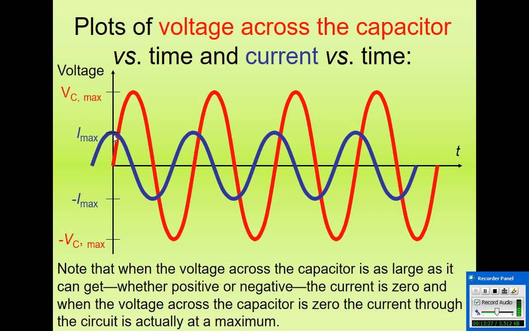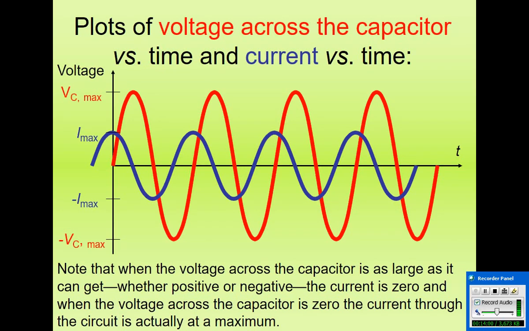When the charge on the capacitor is maximum, the current in the circuit is 0. All of the charge in the circuit has been placed on the plates of the capacitor, at least for a split second. And because there's no charge moving in the circuit, the current in the circuit is 0. So what we have is when the current in the circuit is maximum, the charge on the capacitor is 0, and that means that the voltage on the capacitor is 0.